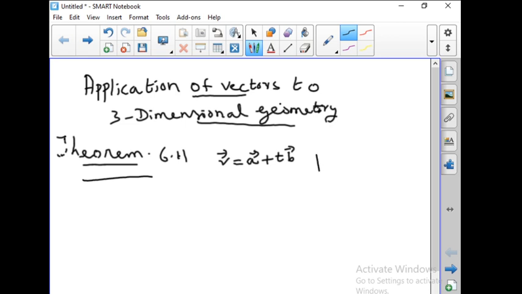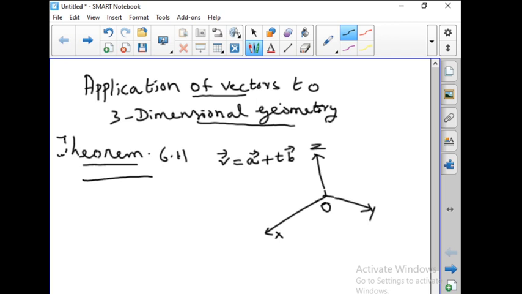The diagram is three-dimensional, therefore we have the x-axis, y-axis and z-axis. O is the origin of vectors.